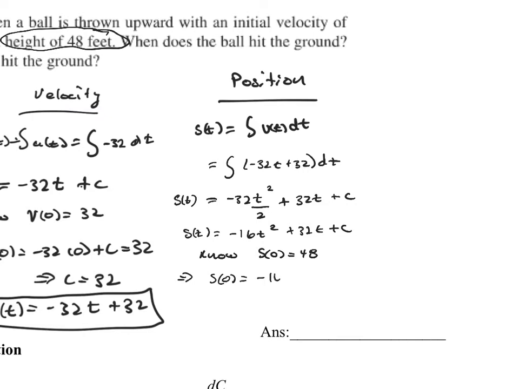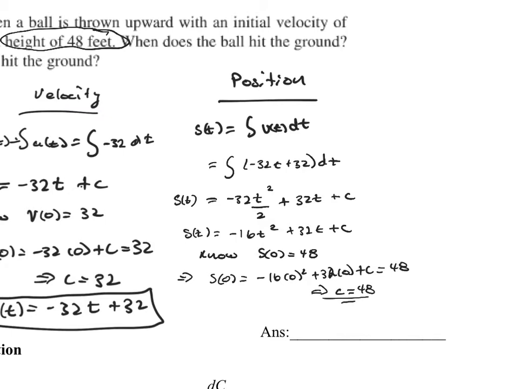Let's see what happens when we plug in 0 into our position function. That would be negative 16 times 0 squared plus 32 times 0 plus c, and that has to equal 48. Because we have all the zeros, that tells me that c equals 48 in this case.